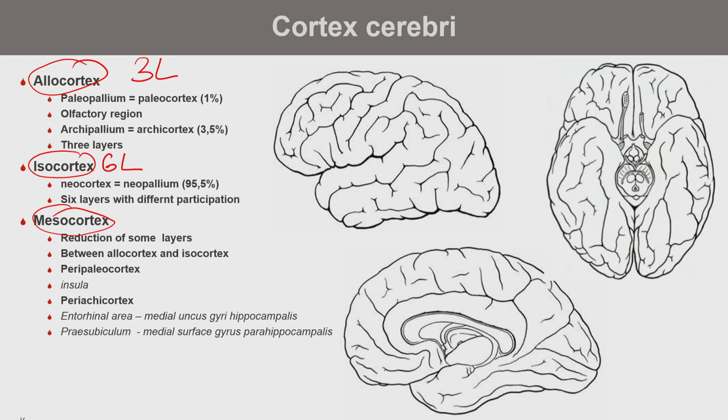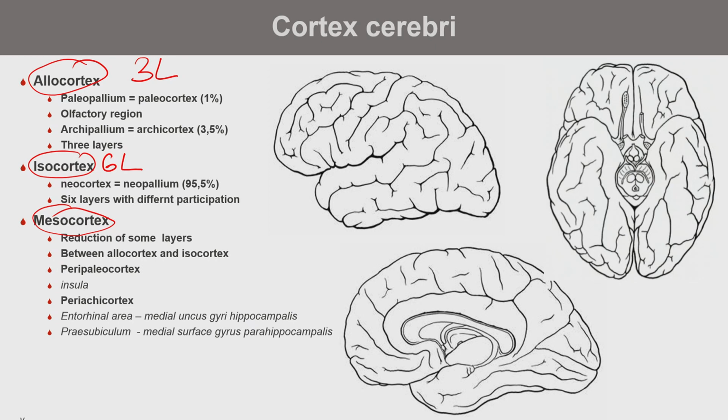This is this mushroom which is overgrowing the diencephalon. So then it is 95.5% of the whole surface of the brain of the telencephalon.